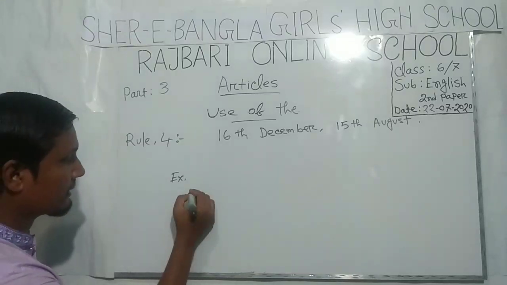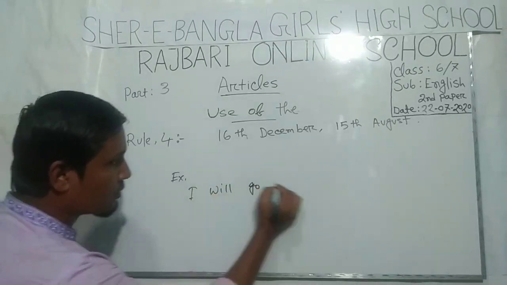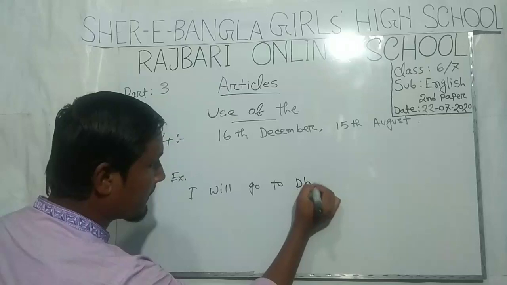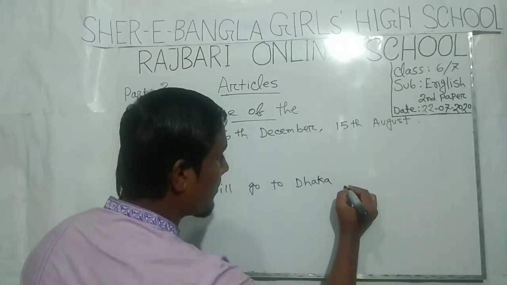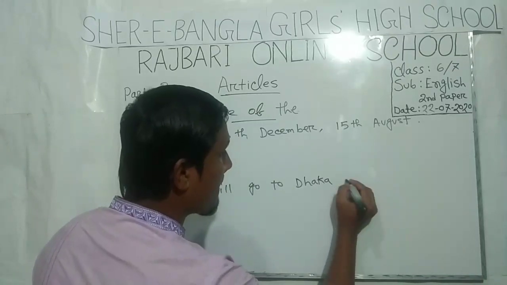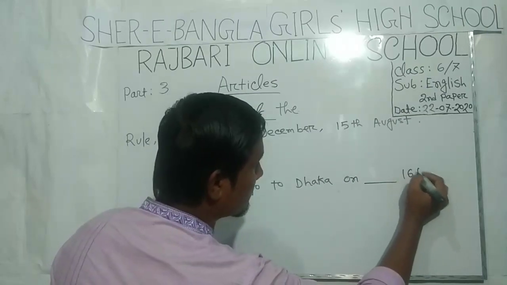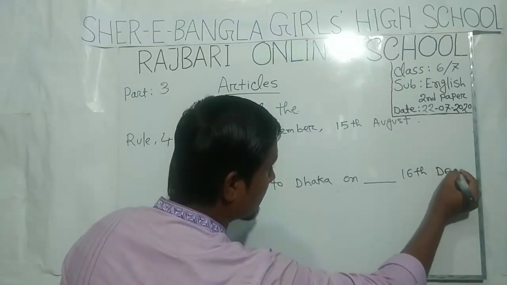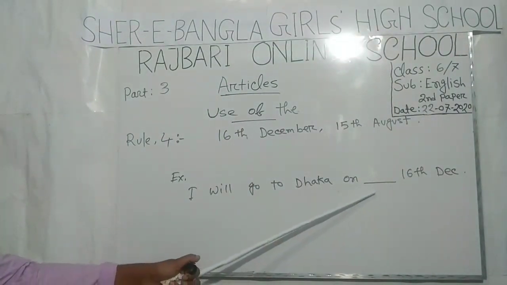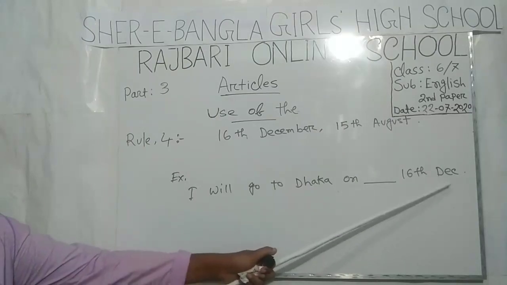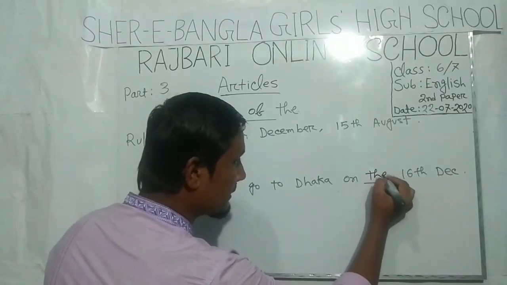For example, like that, I will go to Dhaka dash on dash 16th December. You can see the gap here, and you can see the date of a month, and for this reason you have to use the article "the".